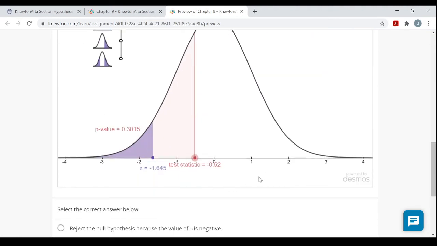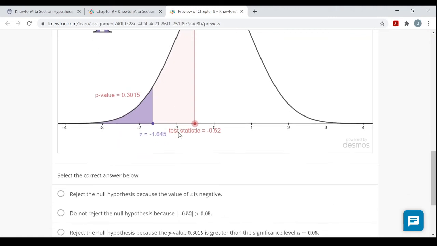That's it. And then the p-value, you can very clearly see, is definitely greater than alpha. The area of this purple region is alpha, 5%. The area of the pink region is 30%. Definitely bigger. And if the p-value is greater than alpha, you're not rejecting the null hypothesis.